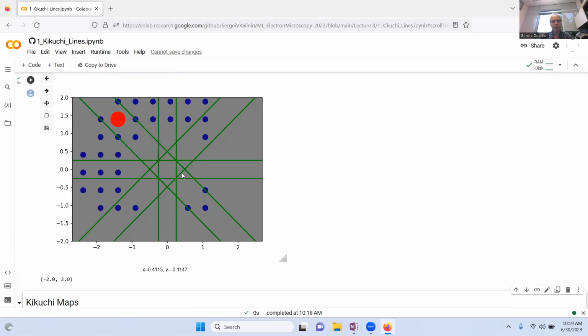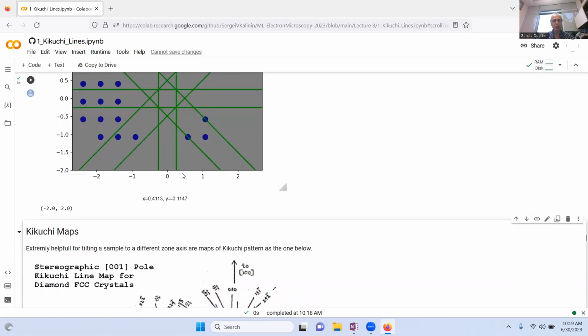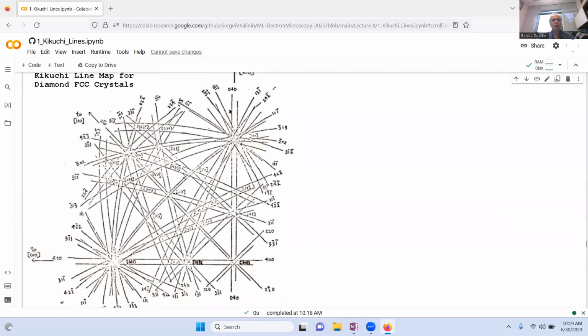So that's what you need to be doing, and you use the Kikuchi map as a map on a road, and you follow the thin ones to the next lower order zone axis.